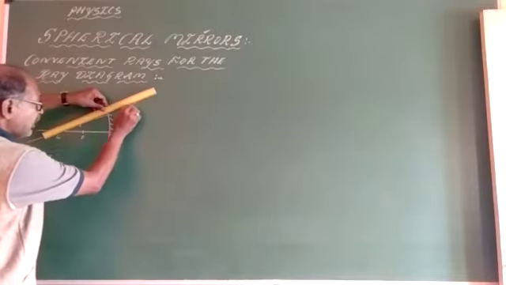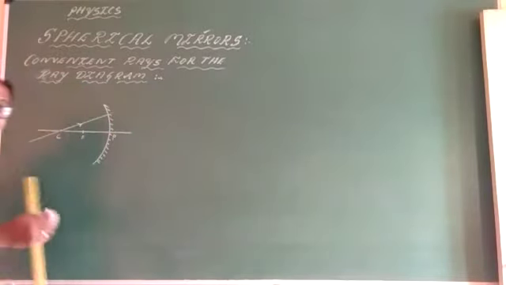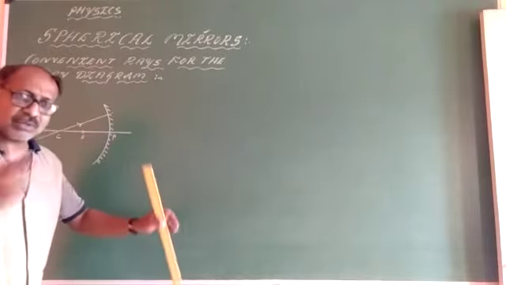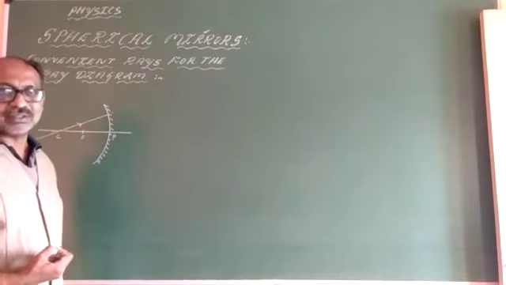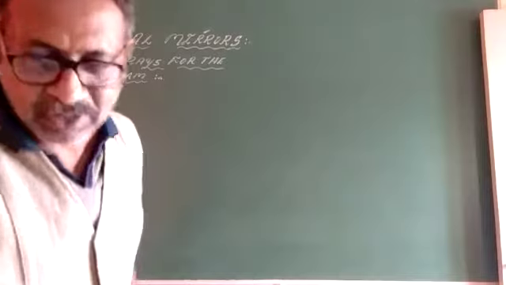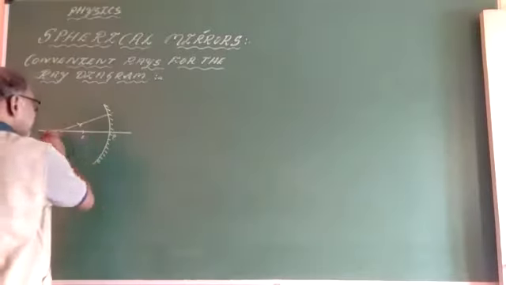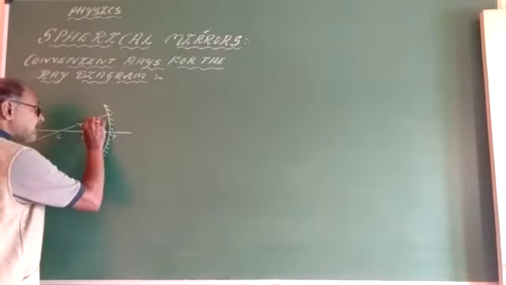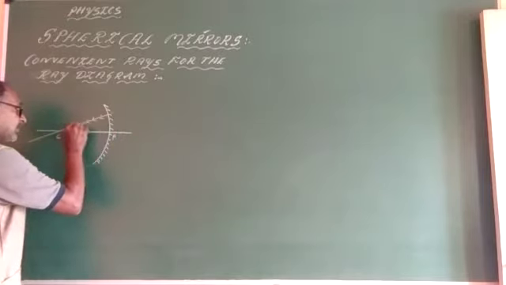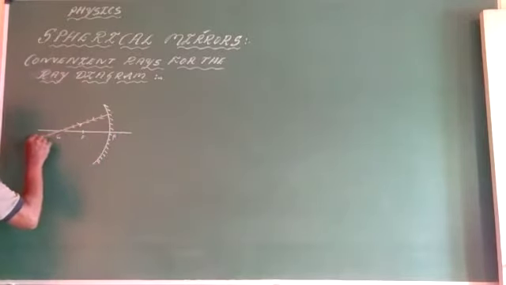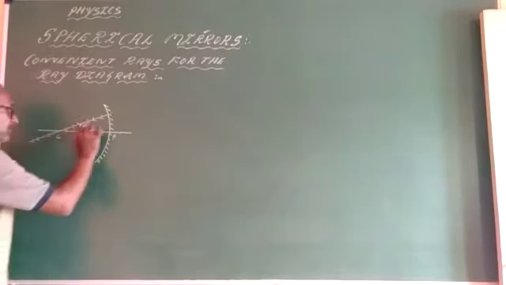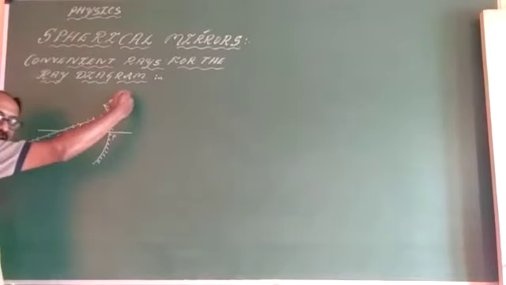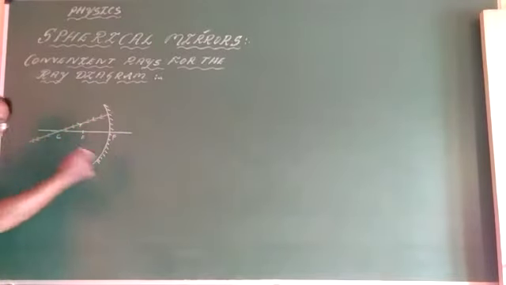It will never go anywhere. It is reflected back in the same path. Reflection occurs in the same path. The red mark I am showing is the reflected ray. The reflected ray comes back in the same path.